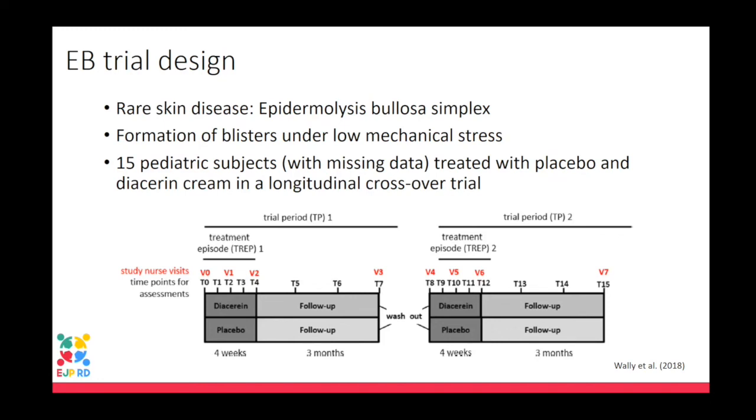This trial looked at only 15 pediatric patients, so a very small sample size, where patients were treated every day during 4 weeks, so almost a month, and then followed up for 3 months. And after that treatment, there was a washout period, and then patients were crossed over to the other treatment.